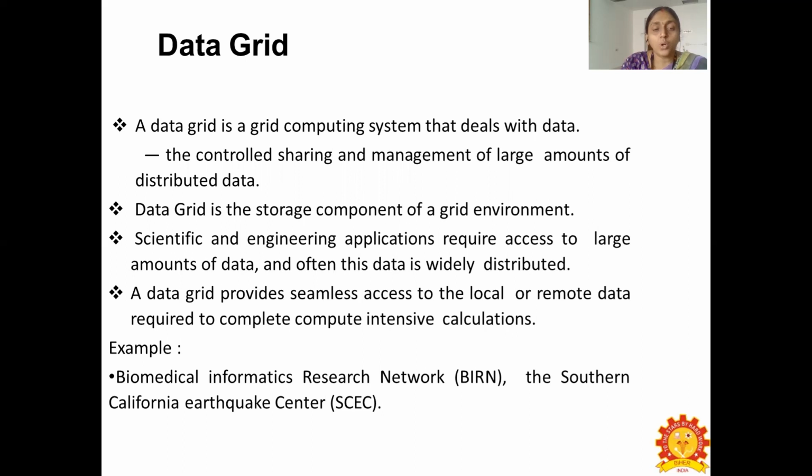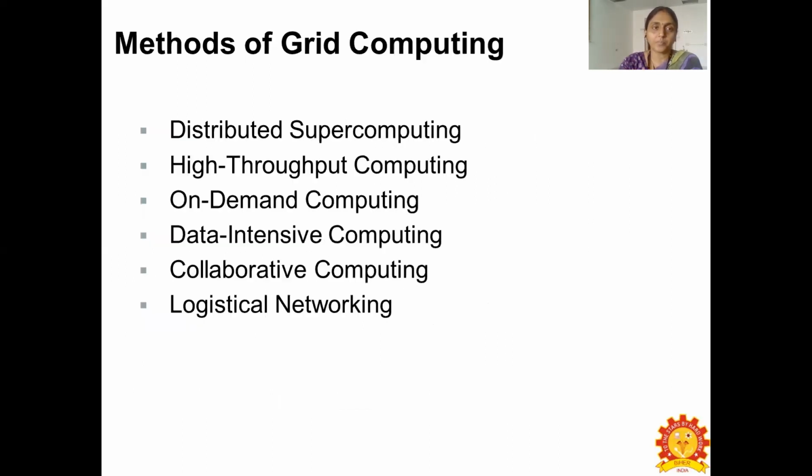And the data grid also provides seamless access to the local or remote data which are required to complete compute-intensive calculations. For example, the Biomedical Informatics Research Network and the Southern California Earthquake Center implement this data grid in their centers.